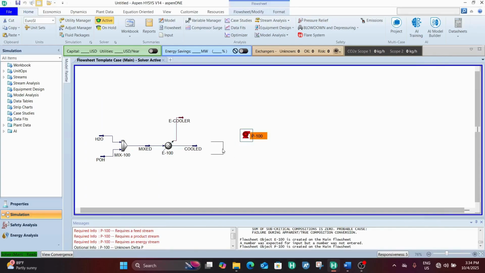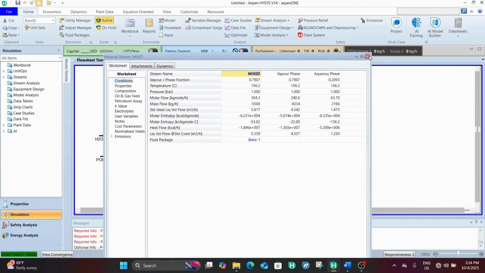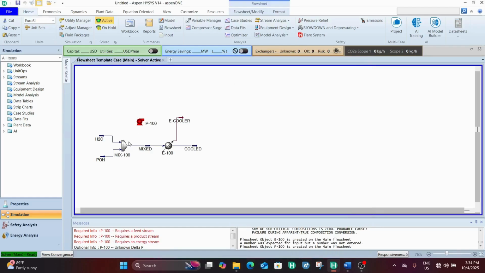Okay, it's completely liquid, so we could just pump it. You wouldn't really want to do it that way. I think a good approach would be a pump.